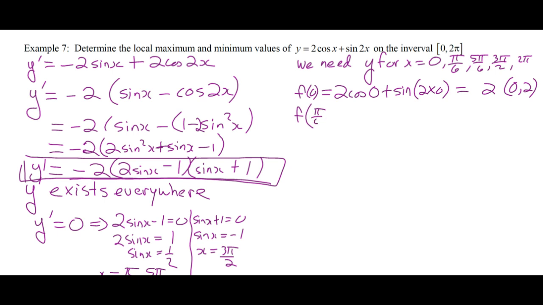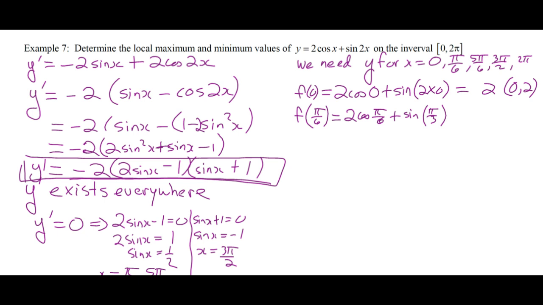Pi by 6. 2 cos pi by 6 plus the sine of, so 2 pi over 6 is pi over 3, right? So I'm just going to throw in a pi over 3 there. That's 2 times x. Cos pi over 6, what's that? Root 3 over 2.